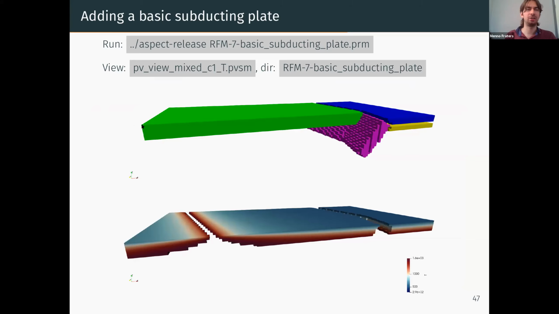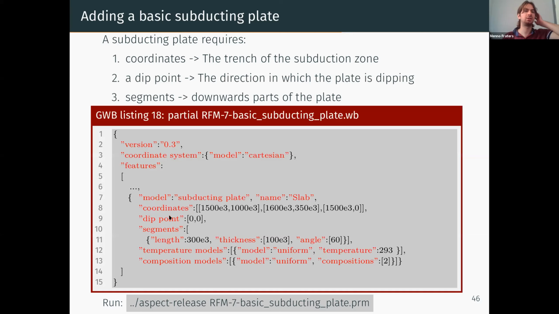If I had defined the dip point over here, it would have dipped in the opposite direction. But it does not really matter whether I define the point here or here, because it's all on the same side of the line. So the dip point just needs to be on the right side of the line, and then you're dipping in the right direction.